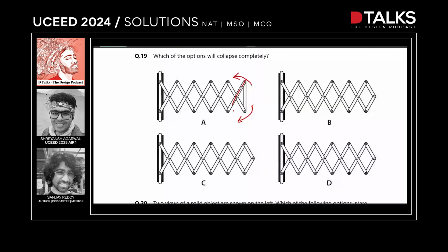That means their effective length is going to become something like this. But the centerpiece is a straight line, so it's constant. It cannot expand. That means A will not work. You cannot push it in, right? So A is wrong.